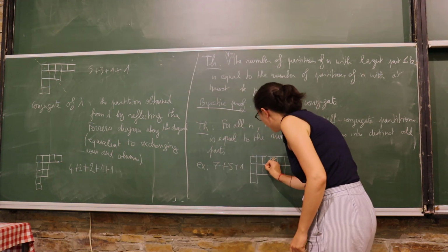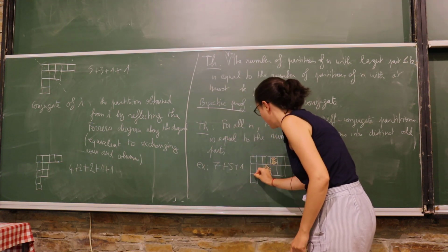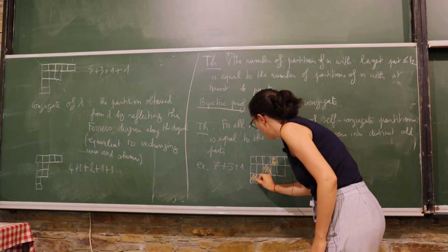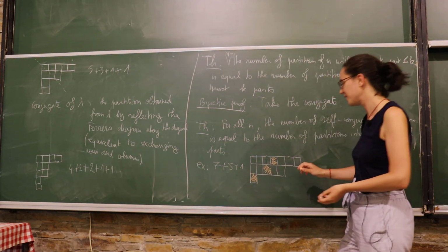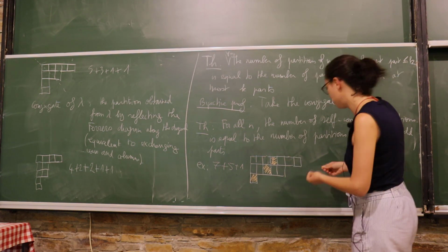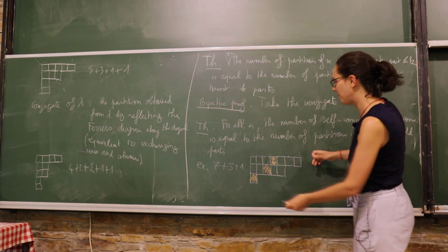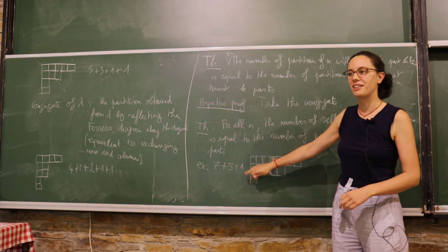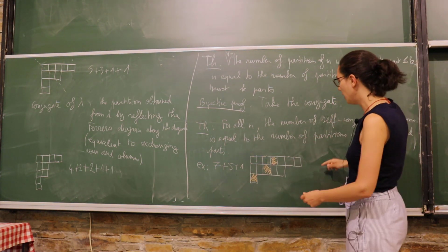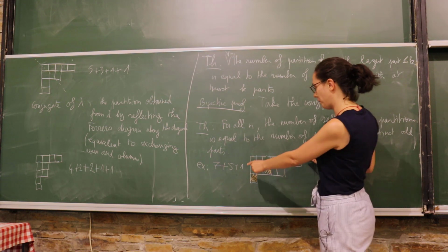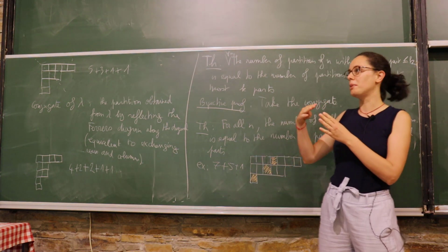So you do this for all those parts. So far we haven't done much. But now, instead of looking at it row by row like that, we can rearrange this a little bit. And we will actually dispose those rows in the shape of hooks.